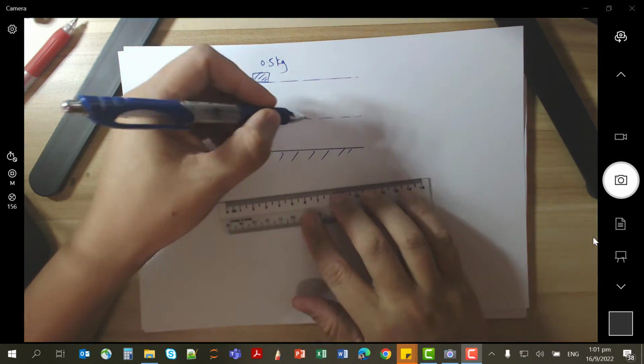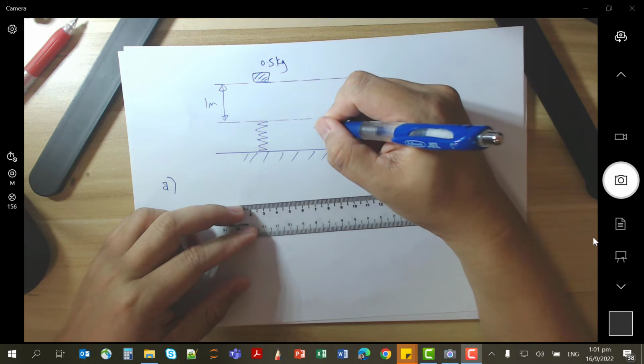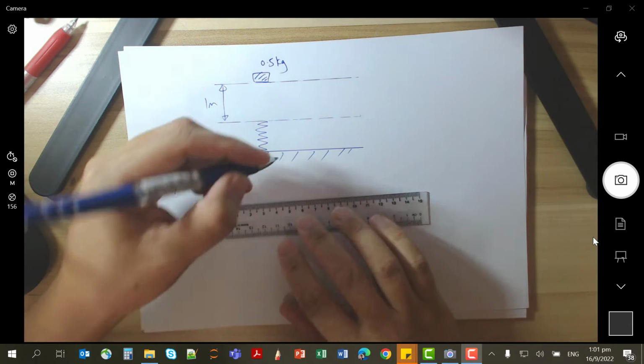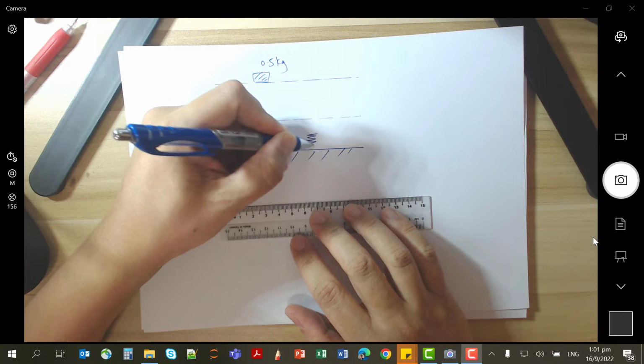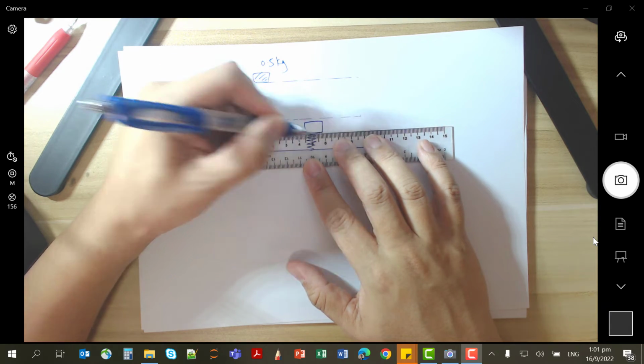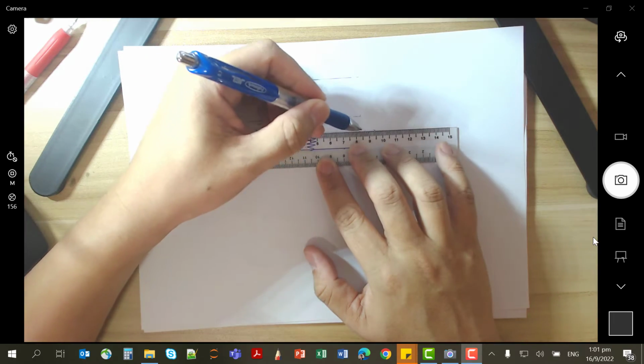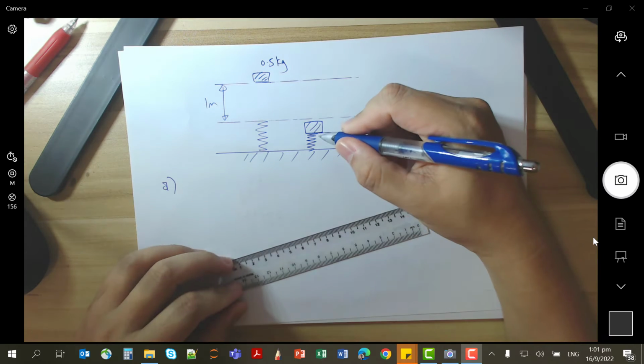At this point, it's just before the mass starts to bounce back. You can draw something like that, and the object is here, just before it starts to bounce back. At this point it is at the lowest point.